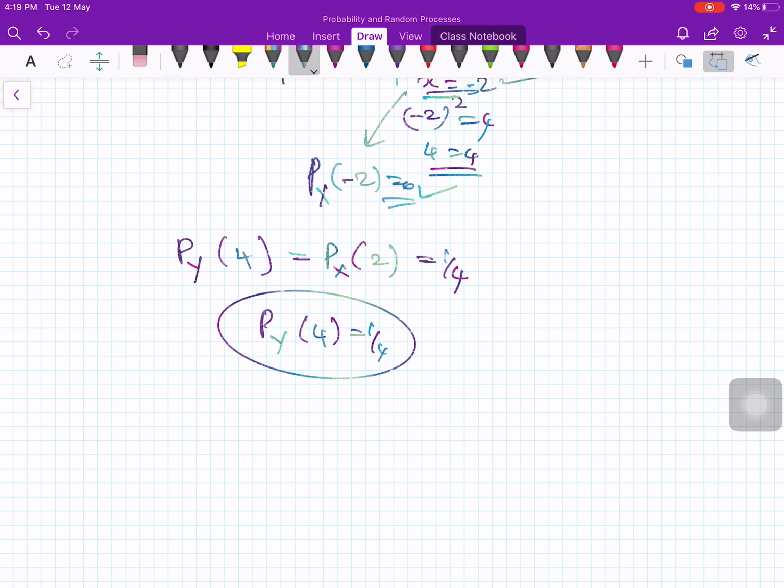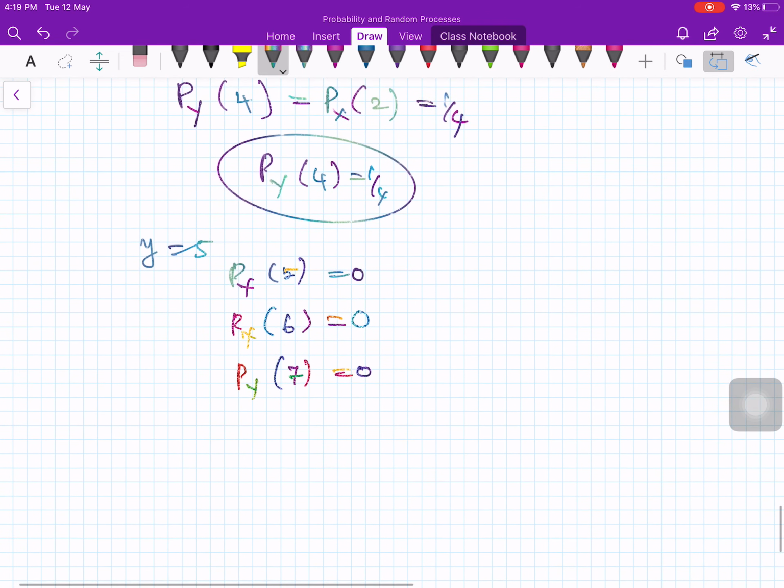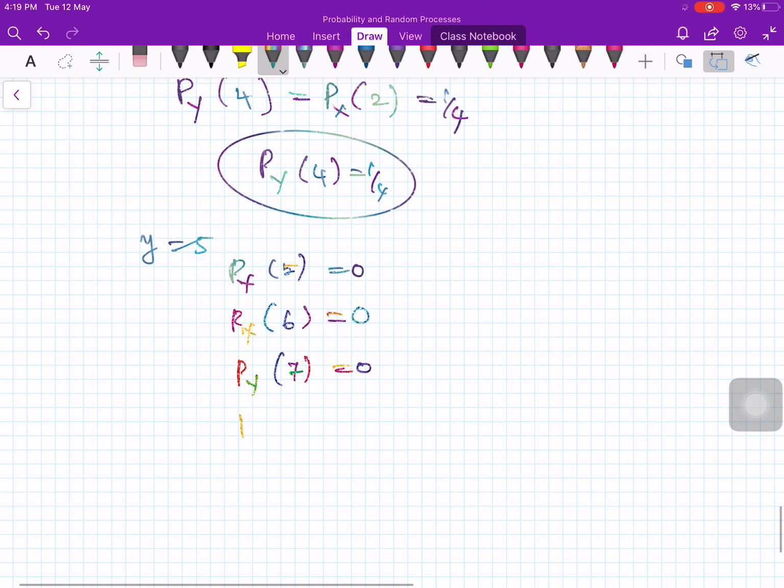Similarly, you can find out y equal to 5. Then Py of 5 is equal to 0. Py of 6 equal to 0. Py of 7 equal to 0. Then you can prove this actually.